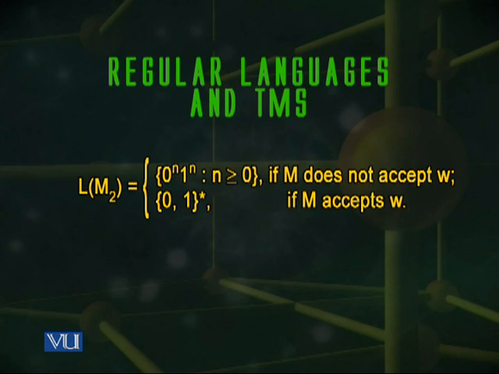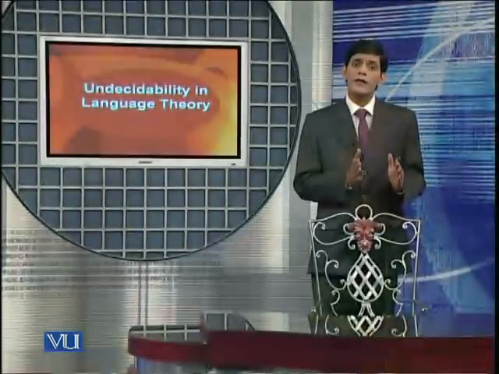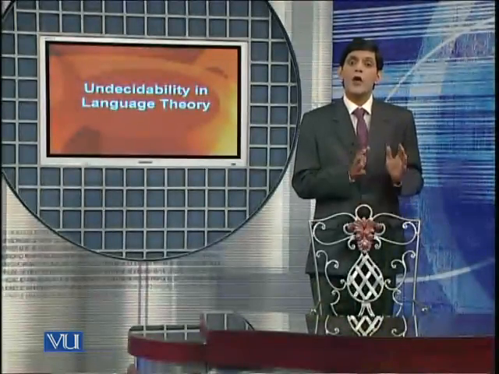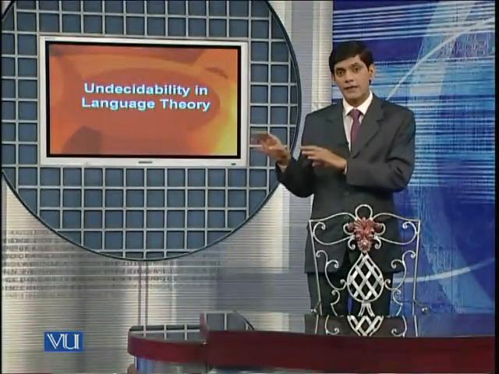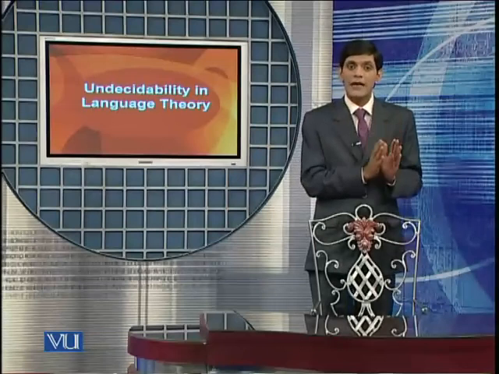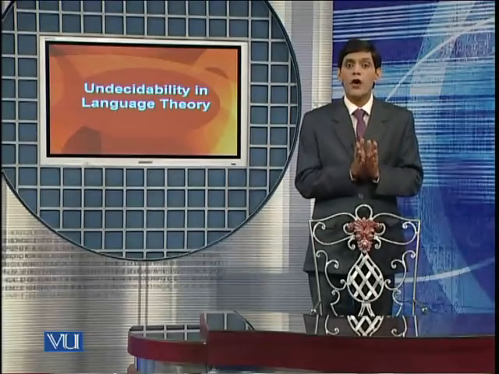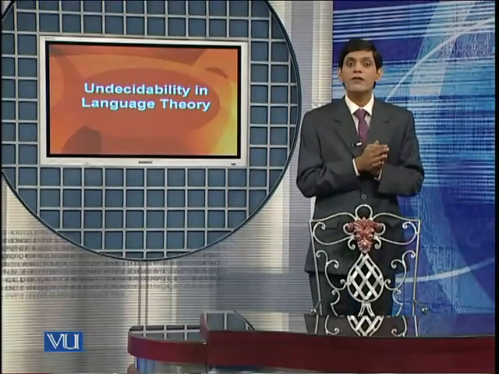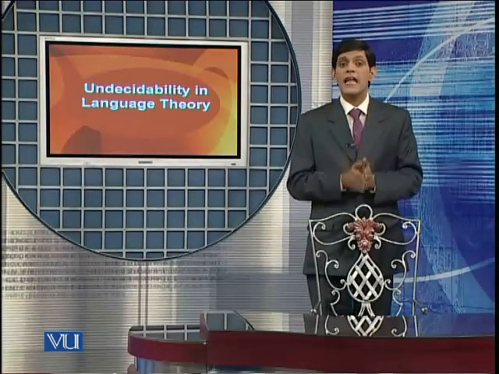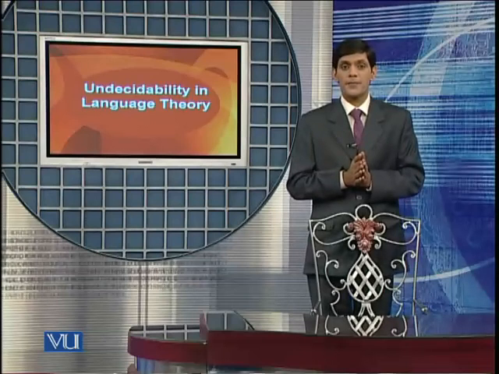Therefore, the language of M2 is going to be {0,1} star, the set of all strings over 0, 1. And in that case, it's going to be regular. So what we have done is, we have succeeded in coming up with a new Turing machine M2 by looking at M and W, such that the language of M2 is not regular if M does not accept W, and the language of M2 is regular if M accepts W.